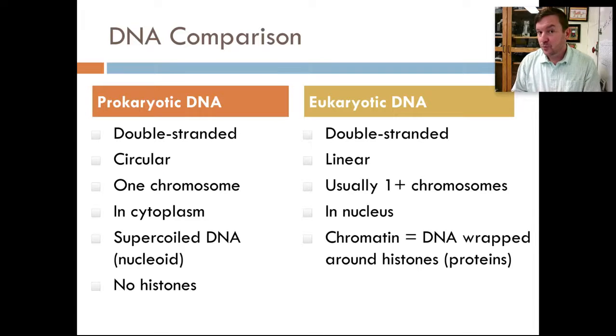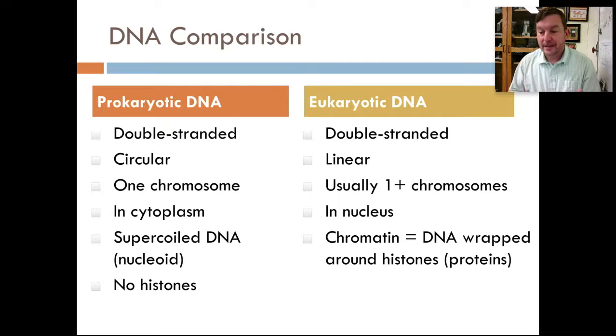Bacteria tend to have just 1 chromosome, although you can also see in them plasmids, which is an extra chromosomal piece of DNA that is not considered part of their genomic DNA. The 1 chromosome they have, the ring that they have, is found in the cytoplasm. It is supercoiled into what we call a nucleoid, but they don't have histone proteins.